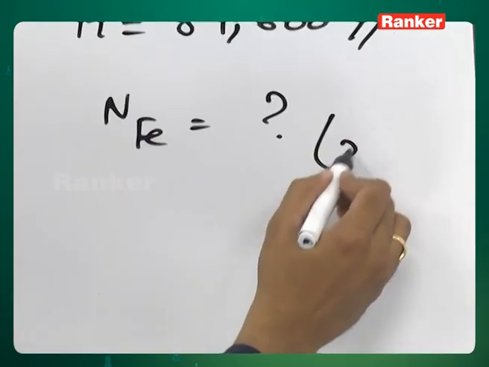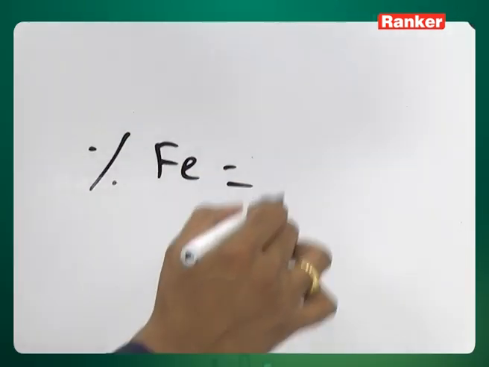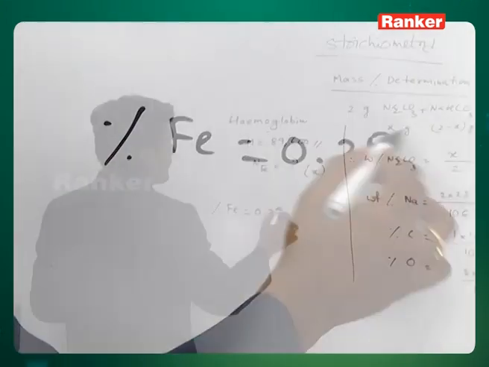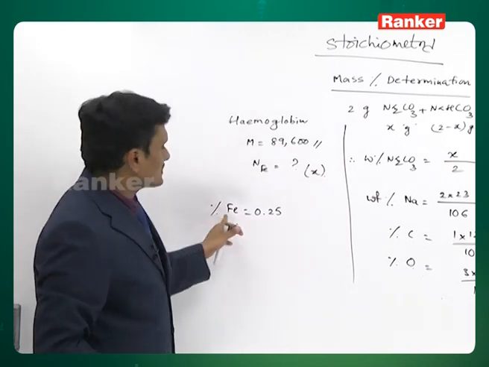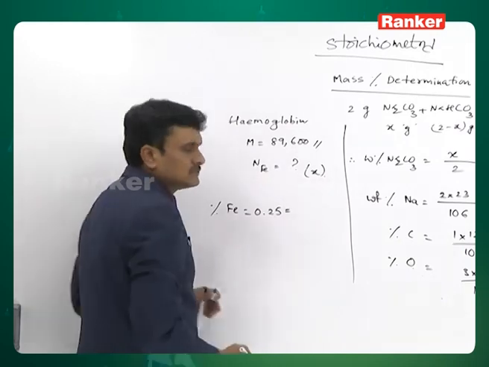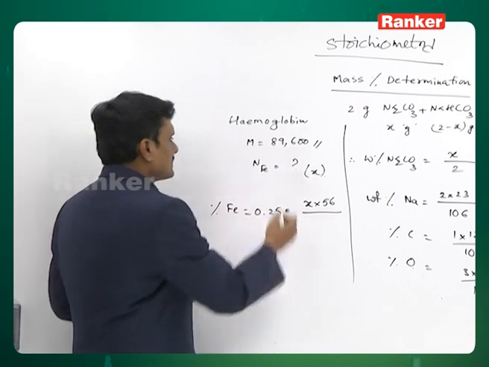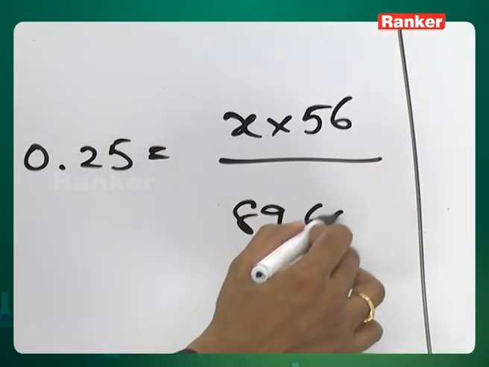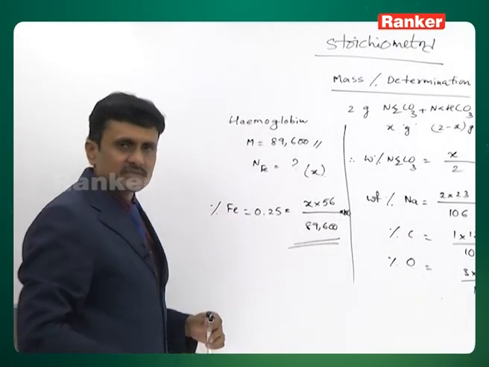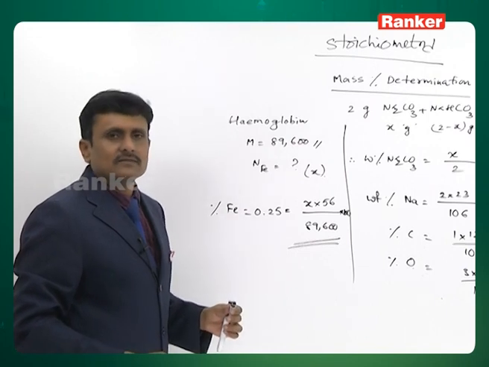If you assume this as x, to proceed further, the mass percentage of iron in hemoglobin must be known. For example, if it is given as 0.25, then the mass of total iron, there are x number of irons each weighing 56 gram, divided by the total mass of hemoglobin into 100, will give you the mass percentage of iron, which is given in the question as 0.25. Hence we can find out the value of x.